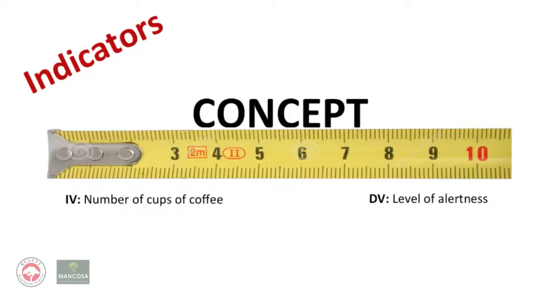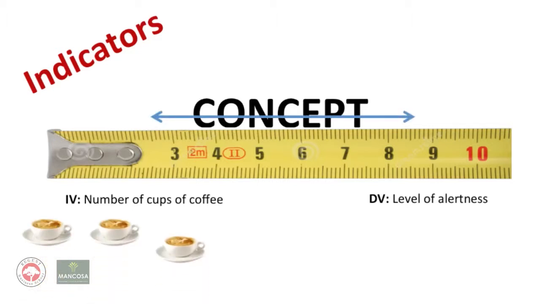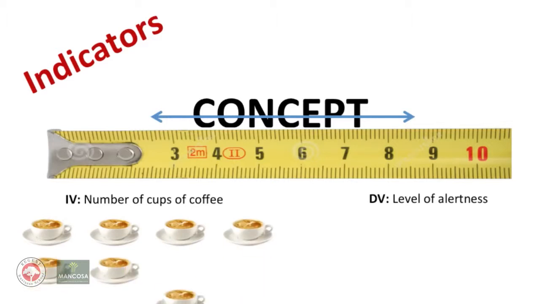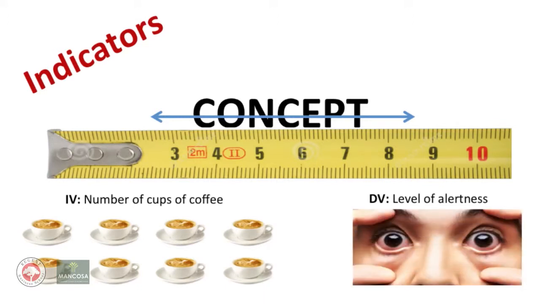For example, if I look at the number of cups of coffee a person has and their level of alertness, the number of cups of coffee is the independent variable, as I, as the researcher, am changing or manipulating the numbers of cups of coffee, and then I'm measuring the level of alertness, or the dependent variable.